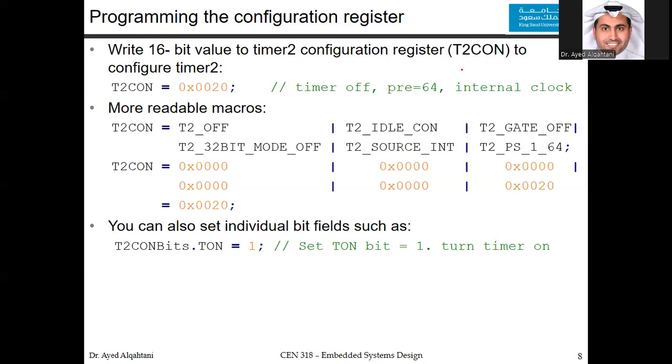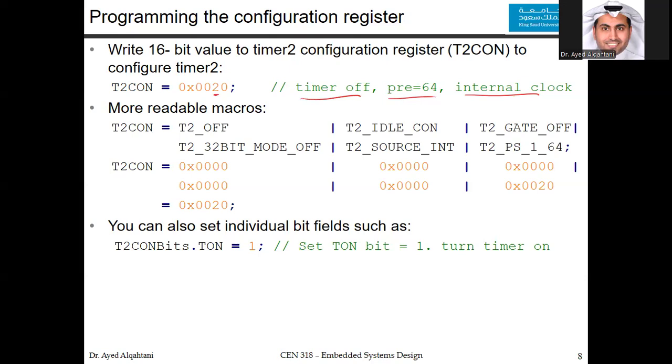We also have the timer 3 control register for timer 3. So to configure timer 2, it will be like this: T2CON is equal to 0x0200, and as we discussed, this 2 means that the prescale value is 64 and the timer is off, and also we choose the internal clock.